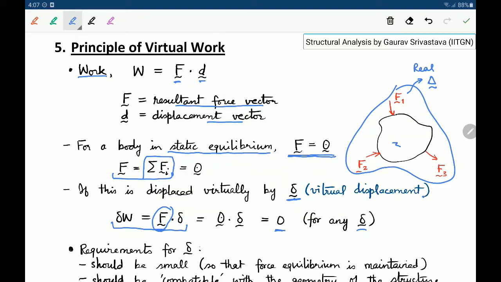Then if we displace this body virtually, in an imaginary world, for all such virtual displacements, the virtual work will always remain zero, because it is a dot product between F and delta, and since F is zero, the virtual work is always going to be zero.